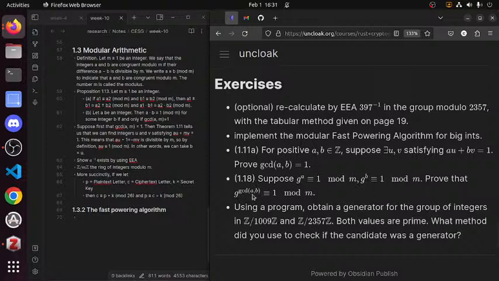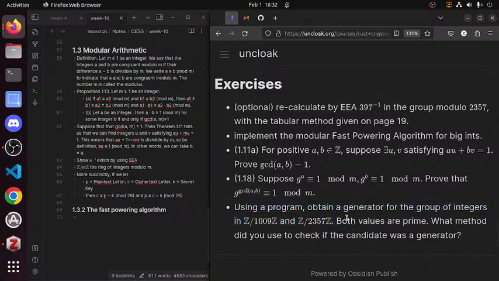Prove that g to the GCD of a and b is congruent to 1 mod m, and there's already a proof for that in the book as well, but writing proofs is a whole different thing. I'm going to skip these two probably.